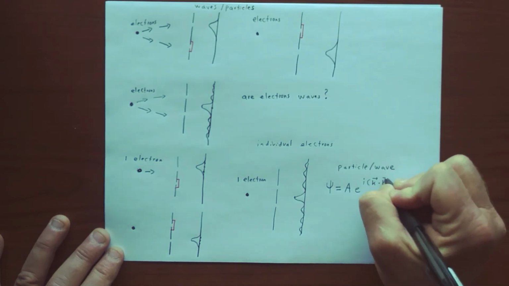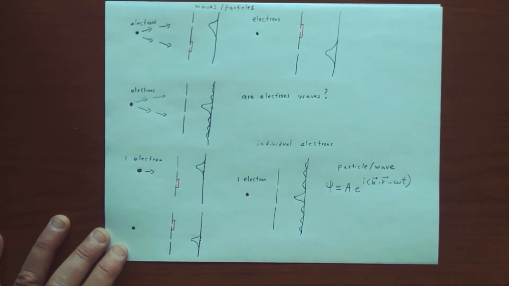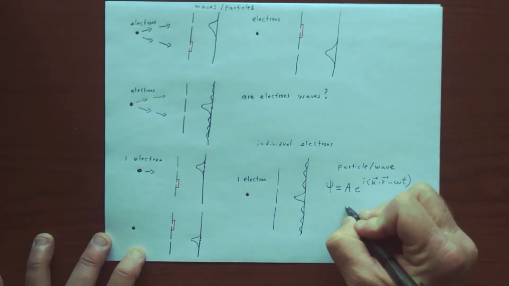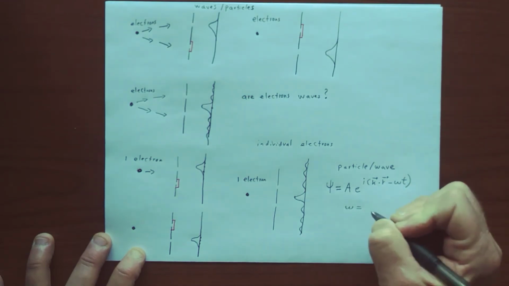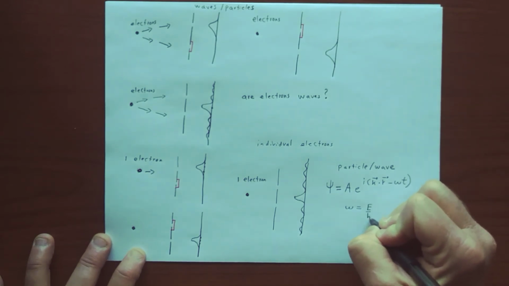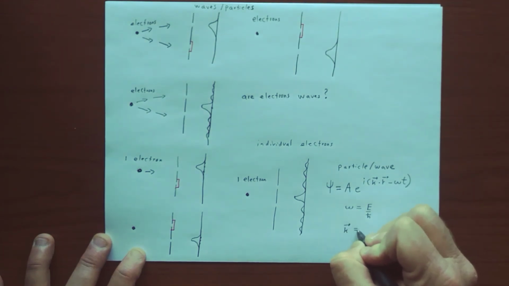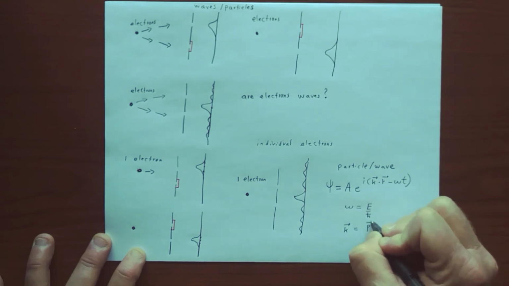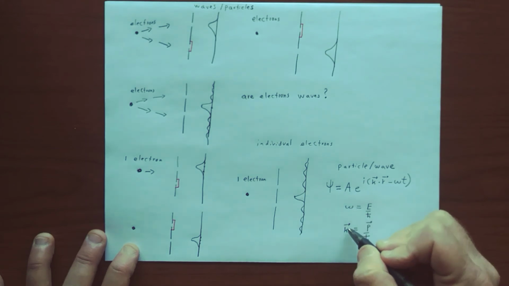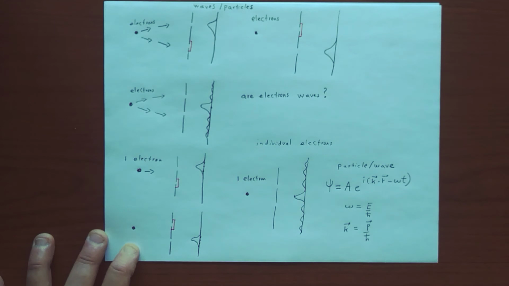And we have wave numbers and traveling wave features. But we also have particle behaviors that connect, in this case, the angular frequency to the energy. And we saw this in the modern physics course, the wave number to the momentum. So these are wave-like quantities, omega and k, related to particle-like quantities, energy and momentum.